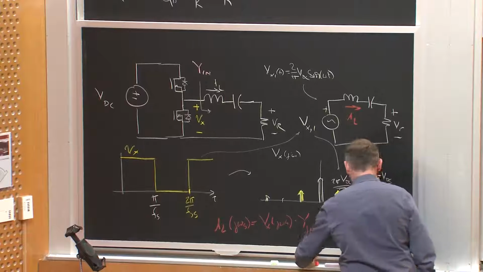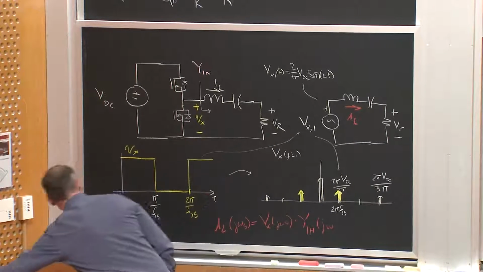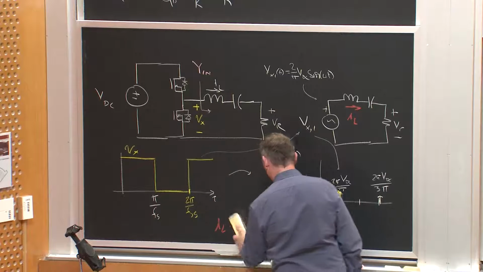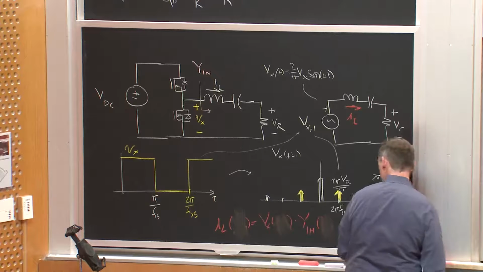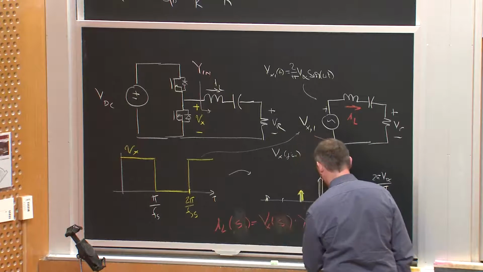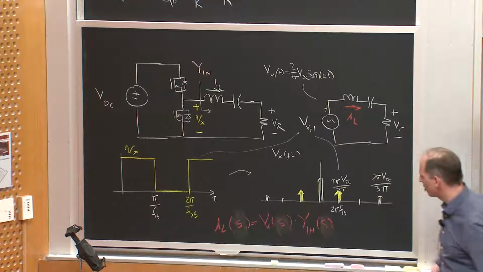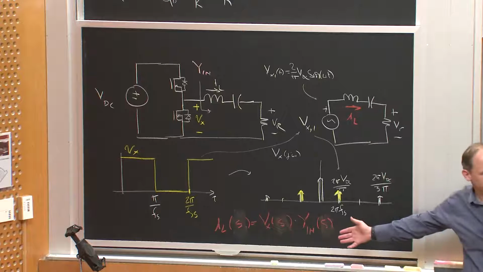Actually, in fact, if I'm going to do it, let me just be careful. If I'm just going to do this in the Laplace domain and not worry about specific frequency content, maybe I would just say this is going to be IL of s is Vx of s times Yn of s, and then I can evaluate that in the frequency domain on s equals j omega.